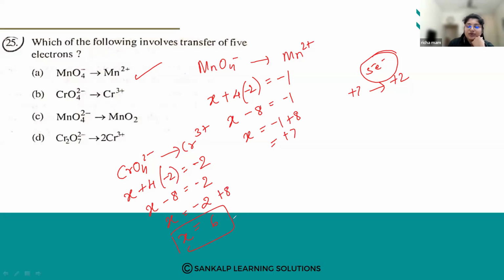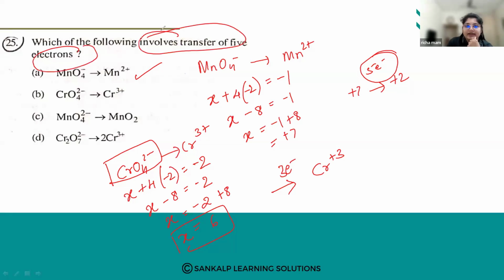When chromium goes to Cr3 plus, how many electrons are transferred? There are 3 electrons, a difference of 3. What they have asked is a transfer of 5 electrons, so the first one is the correct answer, option A. Is it clear?